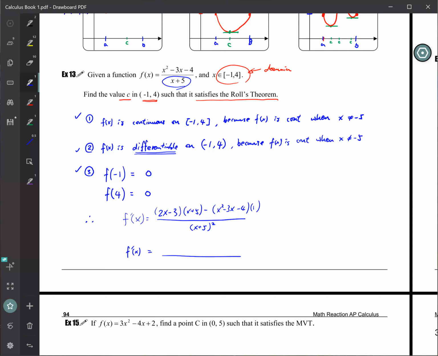Have you found it, guys? Simplify it. Quotient rule right now should be like a breeze, right?